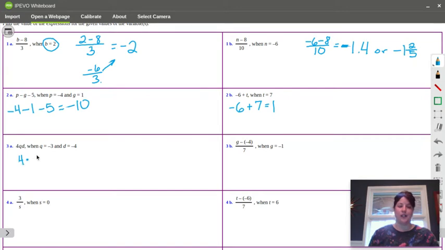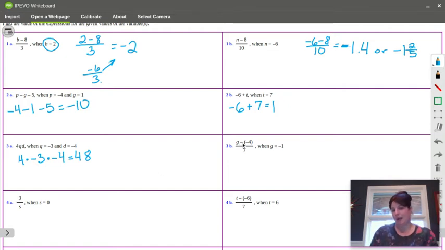So 4 times Q, which is -3, times D, which is -4. So 4 times -3 times -4 gives us a +48.